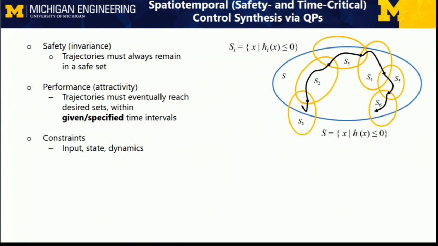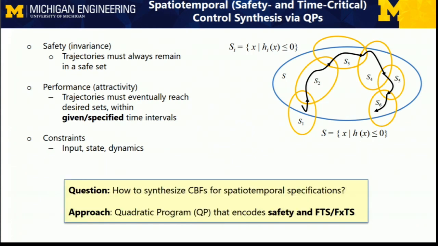And let me go back now to our original problem, which is how we can put together safety critical and time critical constraints in this control synthesis and formulate a proper QP in order to solve for these spatiotemporal constraints, okay? So I'm just repeating here the setup that we have. And the idea with all these tools that have been already developed in the literature now seems rather simple.